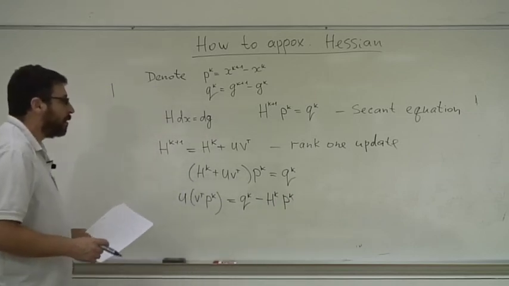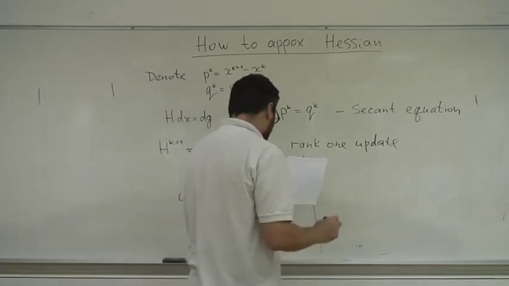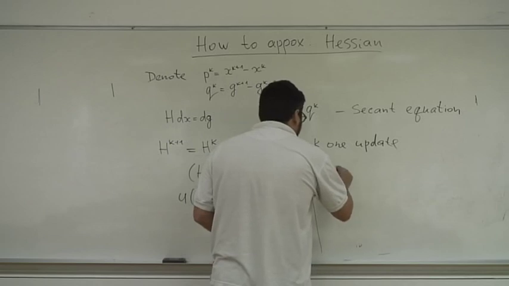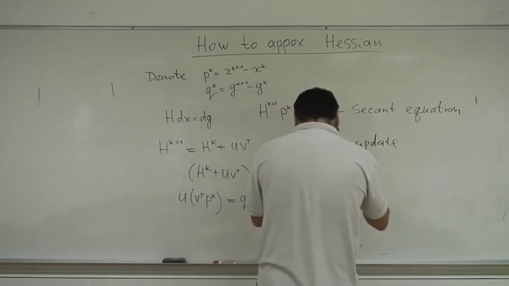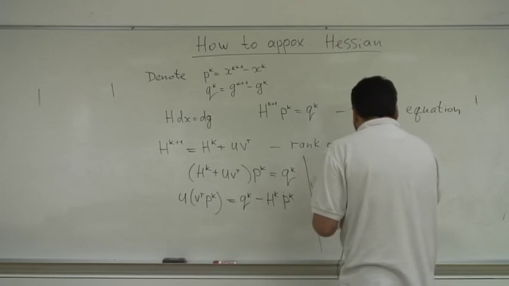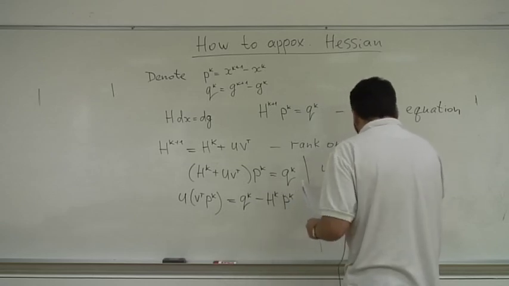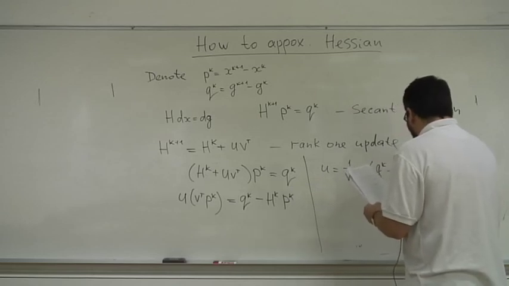So from this, I get the formula for u. u will be equal to 1 over v transpose p_k times q_k minus H_k p_k.